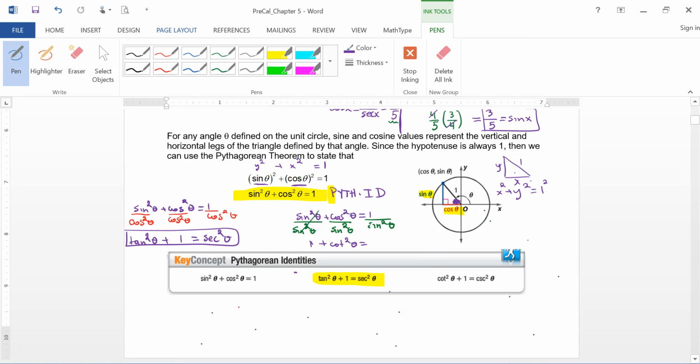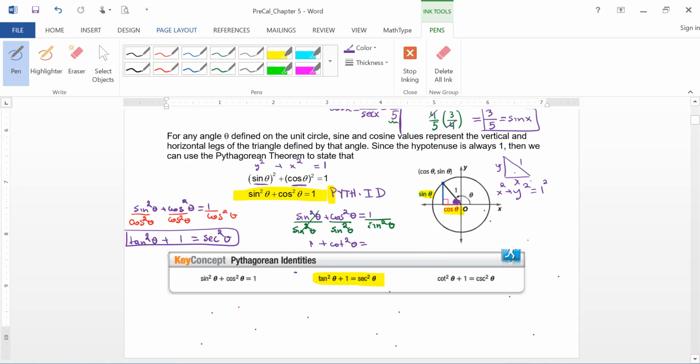Tangent is like sine. It takes the negative outside. So for example, if you have sine of negative 30, that's negative sine of 30. If you have tangent of negative 40, it's negative tangent of 40.